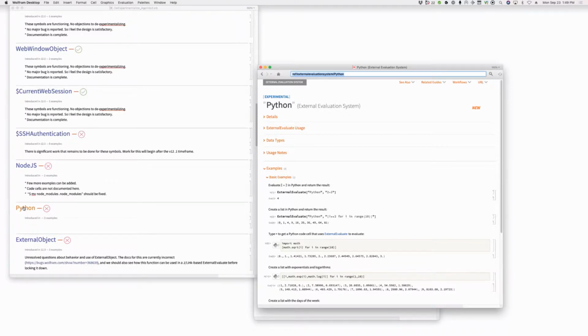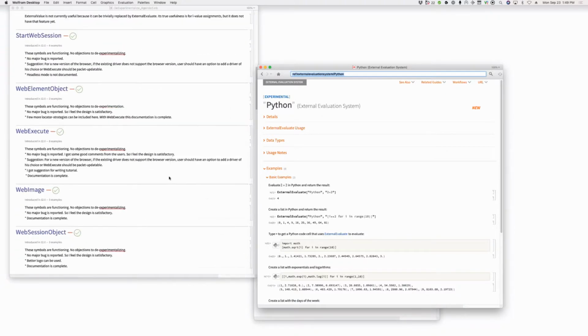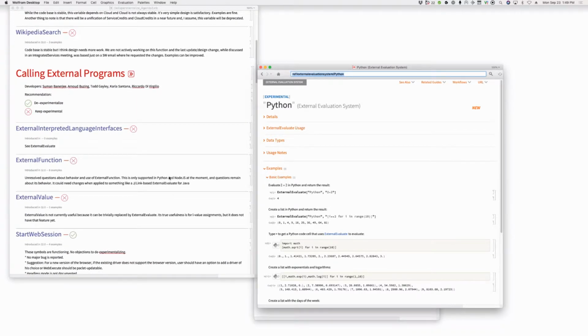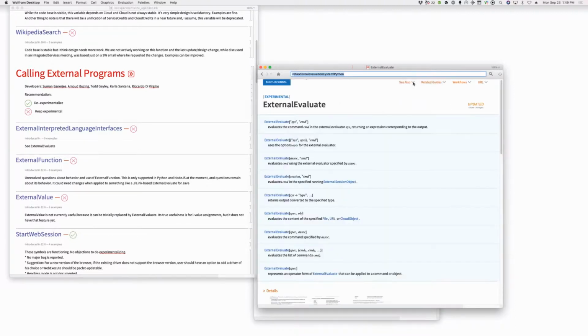Well, not so much because of sandboxing. I mean, that's an implementation issue. I think the design. You skipped over all the external evaluate functions a minute ago when you scrolled down to the WebExecute stuff. We think that stuff, although it works fine, probably might need a little bit of redesign, especially things like external function, external object. We still plan to add more functions, which may affect the design.